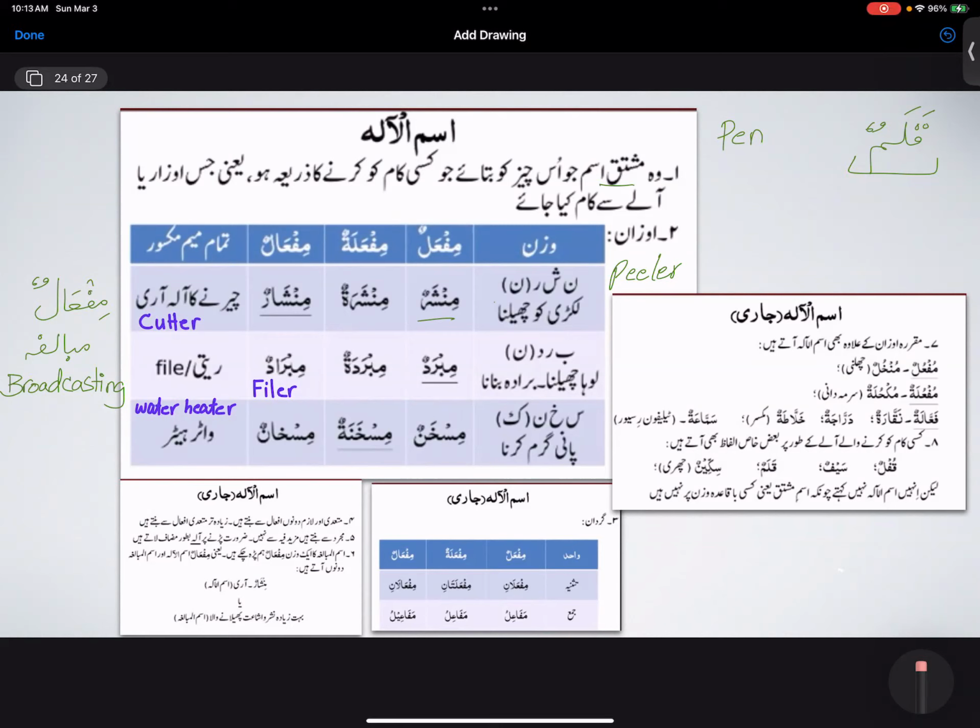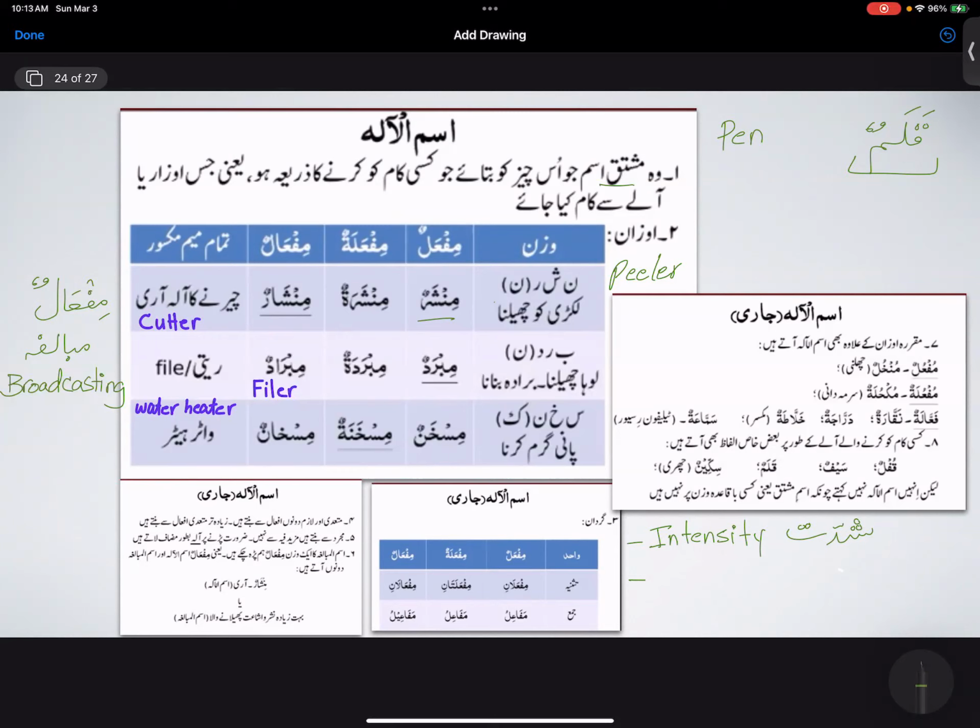So mubalagha basically has intensity in it, right? Some action has some intensity in it, and then it has kasra. Intensity is shiddat, right? Shiddat means a lot, doing something intensely.